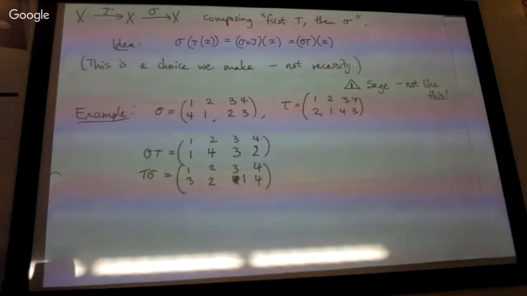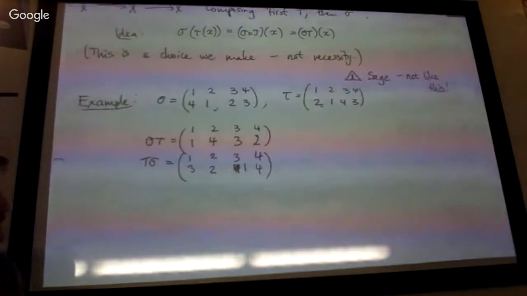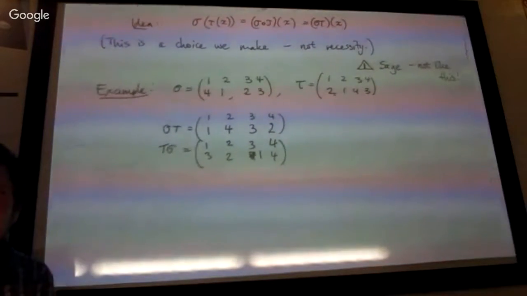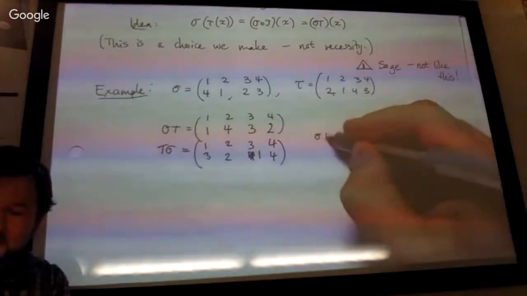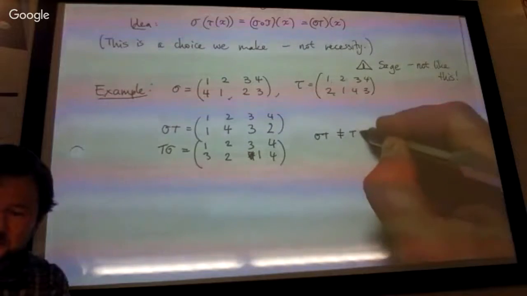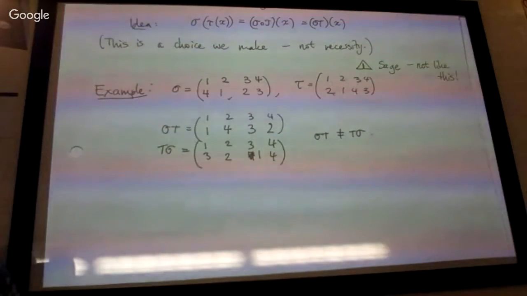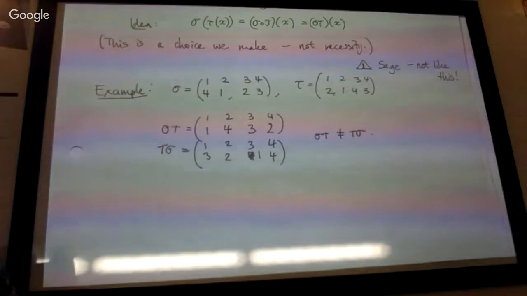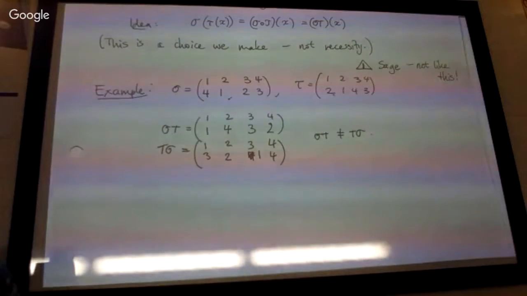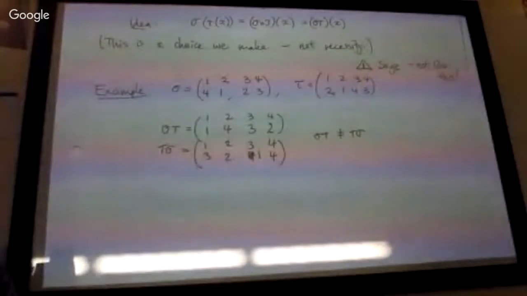At the same time, this shows that sigma tau is not the same as tau sigma. So the symmetric group in general is not abelian. Sometimes it is abelian.